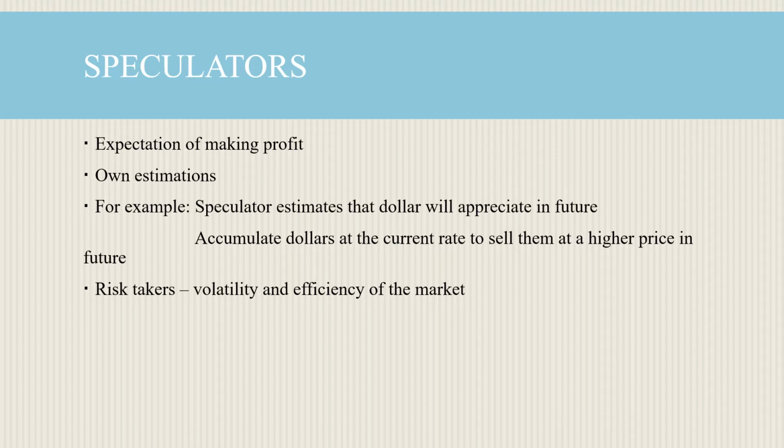And the attitude towards taking risk is what makes these speculators an ideal person to act as sellers of the financial product in the foreign exchange market. So these speculators belong to the class of risk takers. They are responsible both for volatility as well as efficiency of the market.